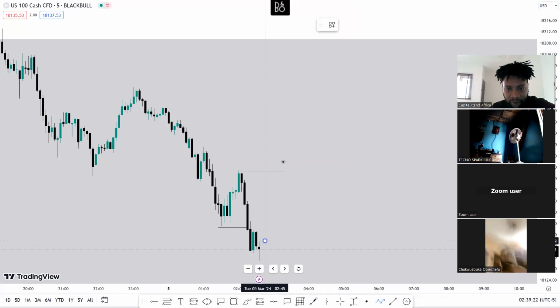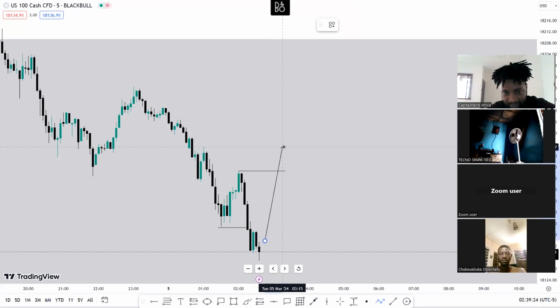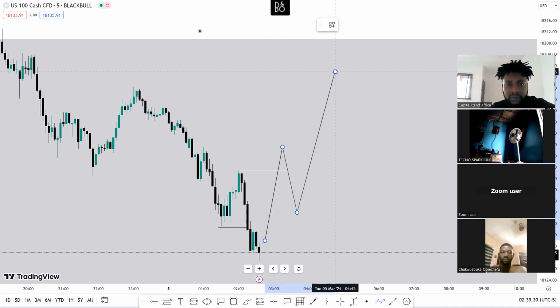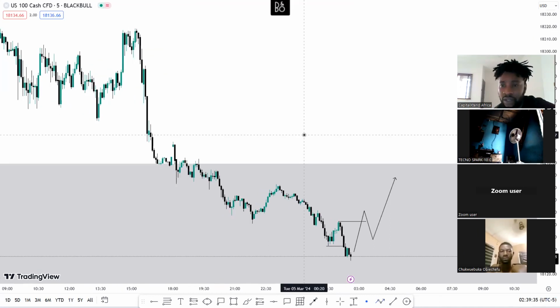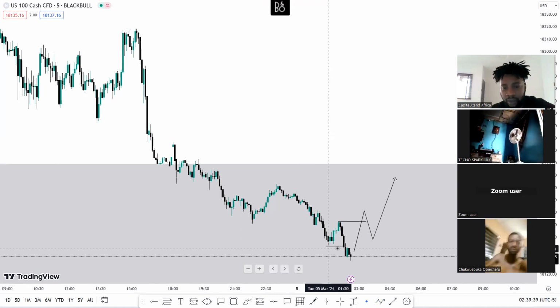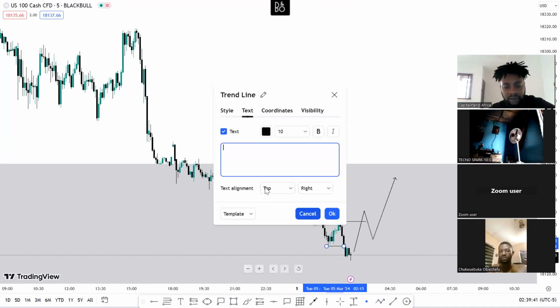If we're able to get something like this, that will be a very wonderful sign for us on NASDAQ, right? Since we've seen a stop hunt, and I'll label this SH.